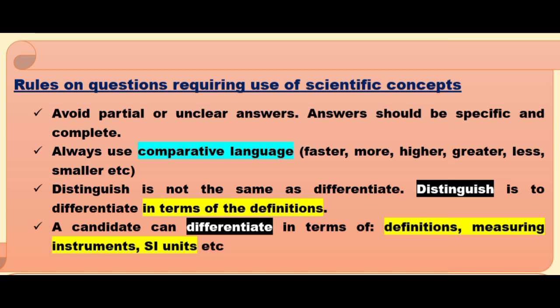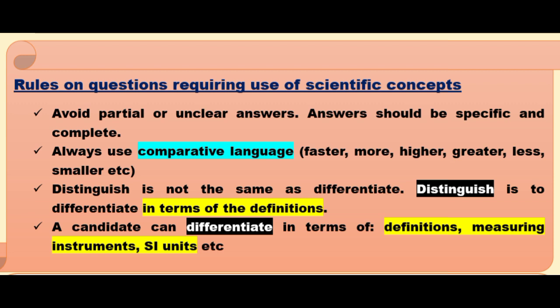Let's start with D, definition. Mass is the quantity of matter in a body, while weight is the quantity of pull of gravity acting on a body. Okay, the first mark. Let's go to I, instrument. Mass is measured using a beam balance, while weight is measured using a spring balance.